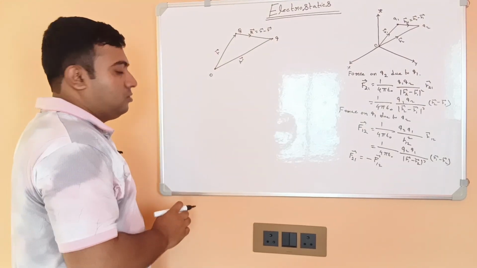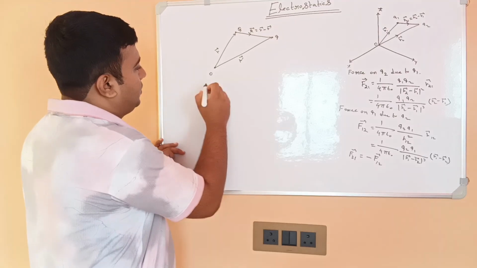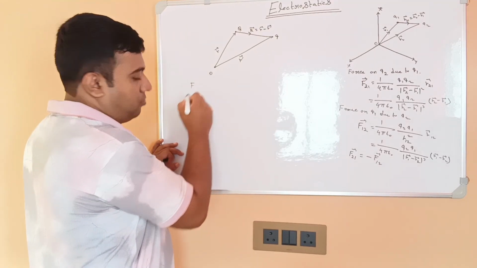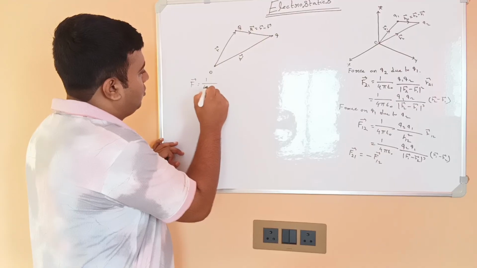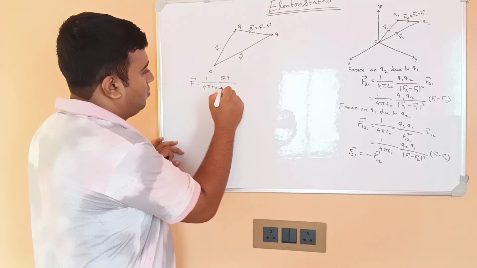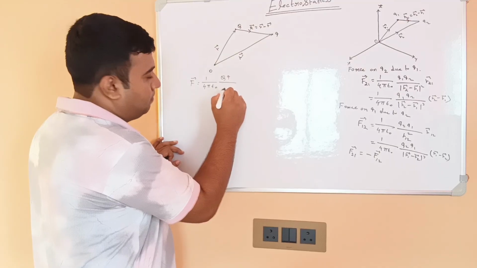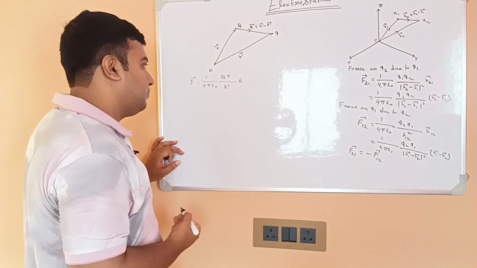From Coulomb's law, we know that the force F is equal to 1 by 4 pi epsilon naught Q into q by R square into R hat.